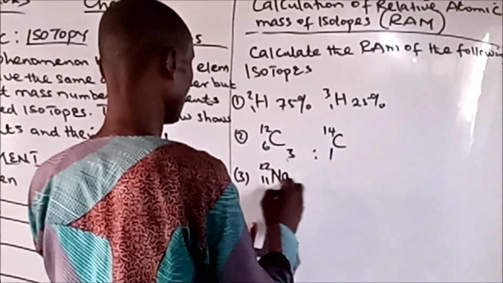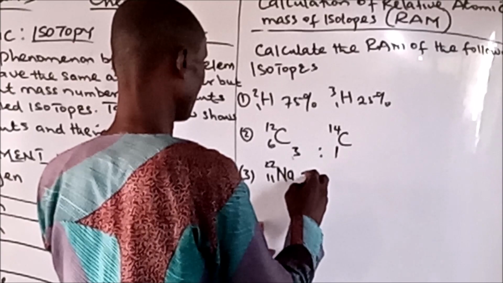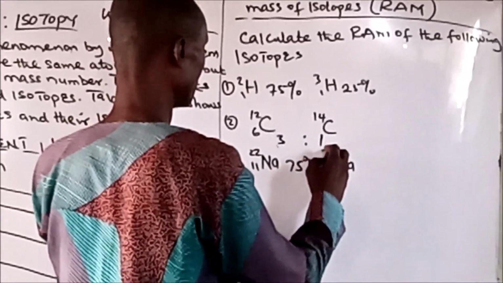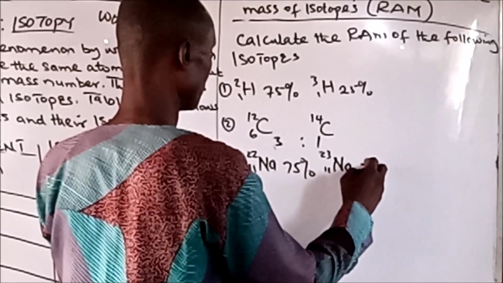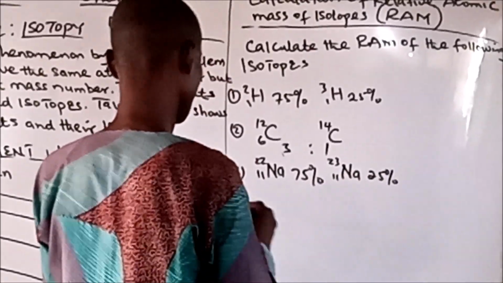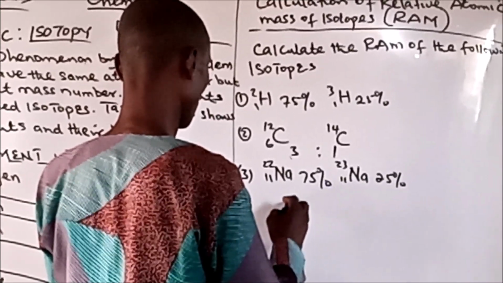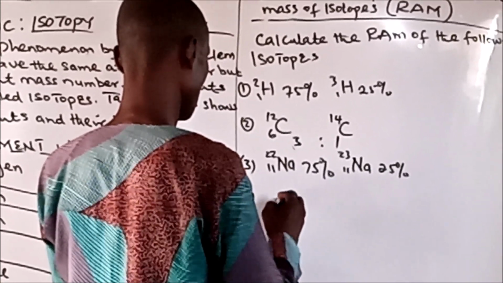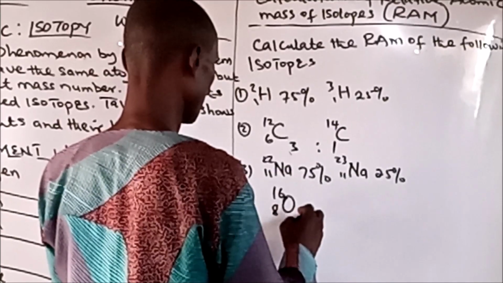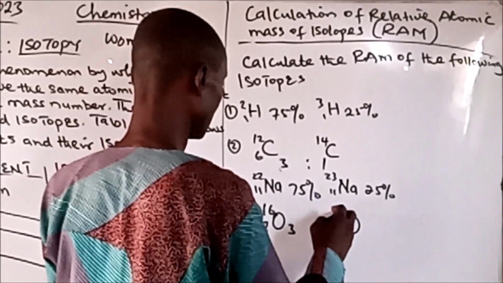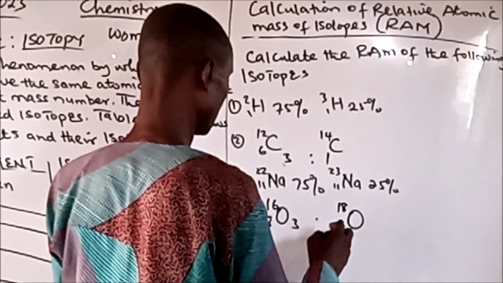Number three: sodium-22, 75%, sodium-23, 25%. Then oxygen-16, ratio 3, oxygen-17, ratio 1.